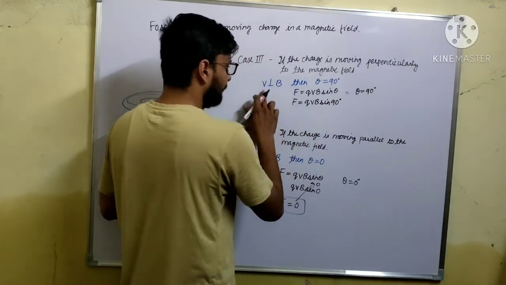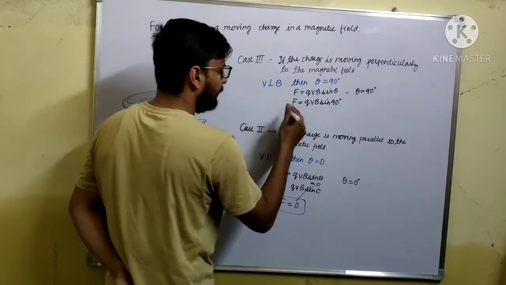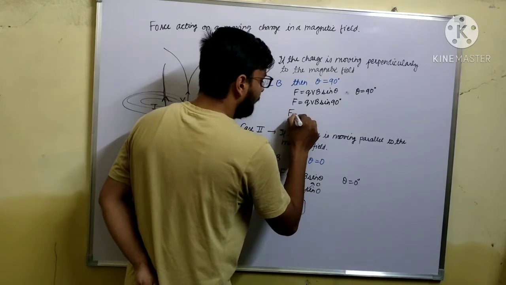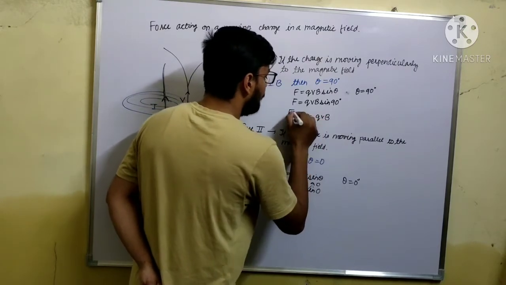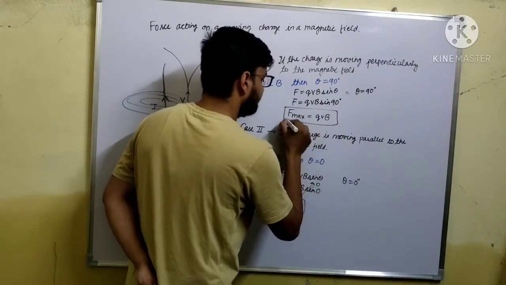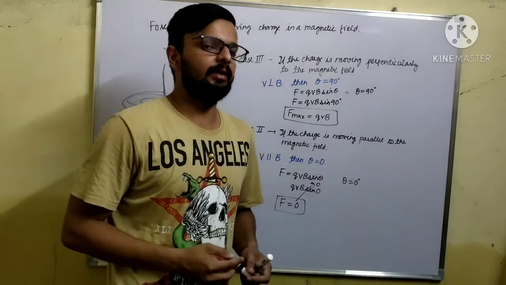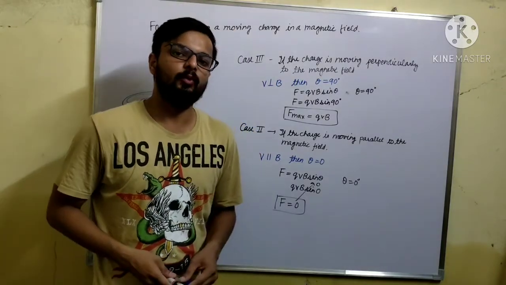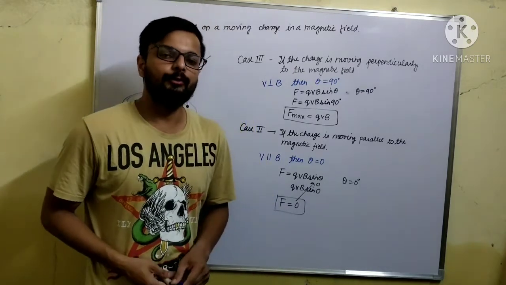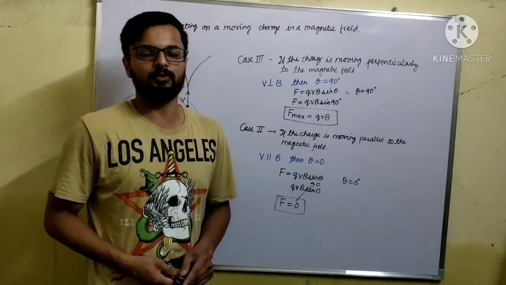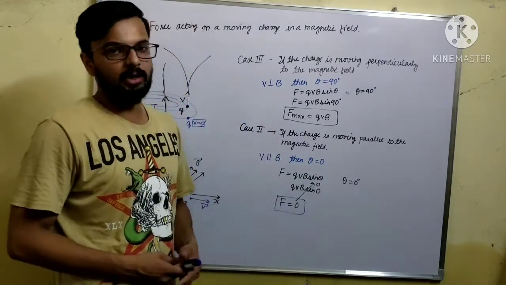So when the charge is moving perpendicular to the magnetic field, the force will be maximum, and it is given by QVB. So you have to remember that if a charged particle is moving in the perpendicular direction to the magnetic field, then the force acting on that charged particle will be maximum, and that force will be given by QVB.